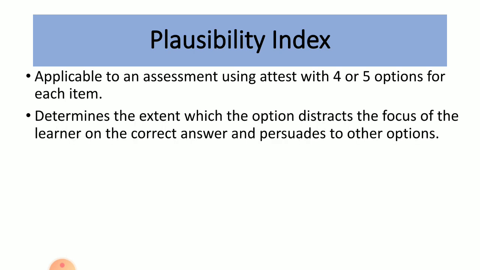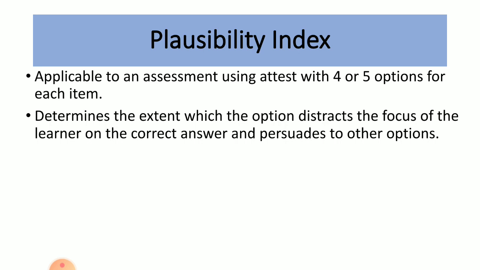This index determines the extent which the option distracts the focus of the learner on the correct answer and persuades to other options. Hence, if the learner is uncertain or doubtful of the answer, this option has the persuasive factor as the alternative, though wrong.